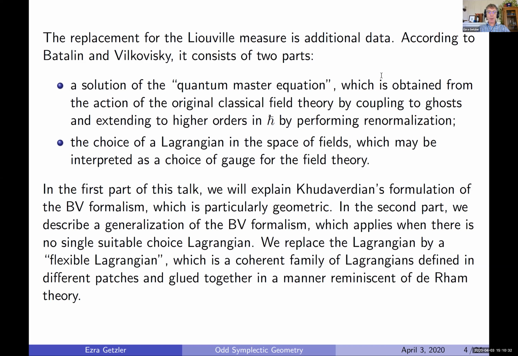As I mentioned, we'll introduce flexible Lagrangians, and they patch together in a way that's a bit similar to the proof of de Rham's theorem. I'll leave you to fill in how true that is. Just before I move on, the whole package that I'm talking about here also arises in Donaldson-Thomas theory, where, instead of working in a real C-infinity formalism as I will today, you're working in an algebraic setting.